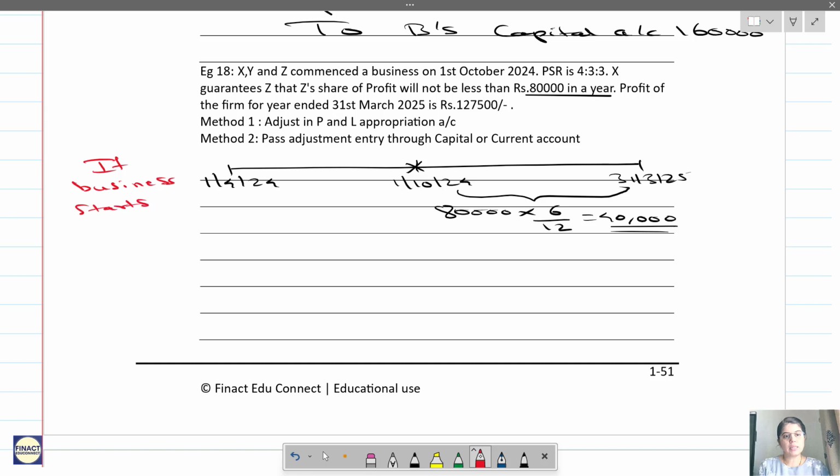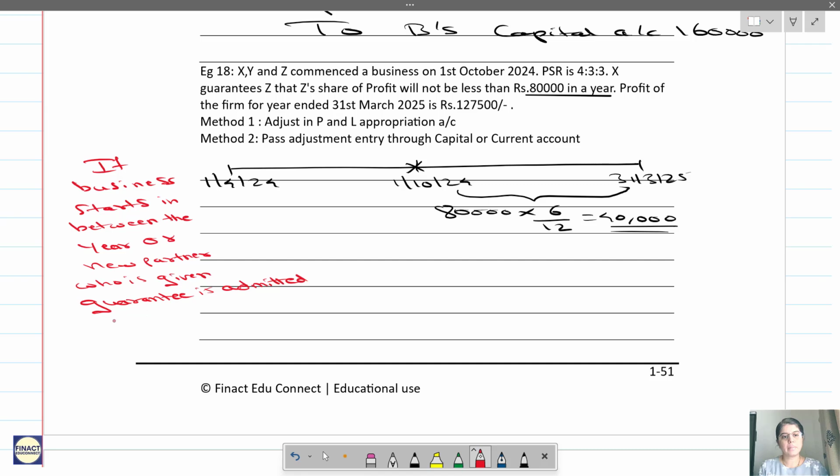If the business starts in between the year, or a new partner who is given guarantee is admitted in between the year, then calculate proportionate profit.